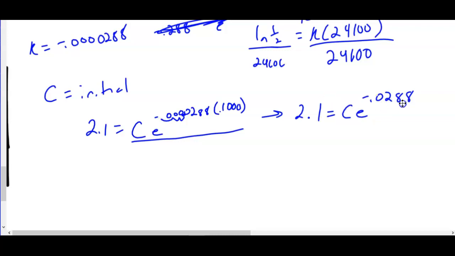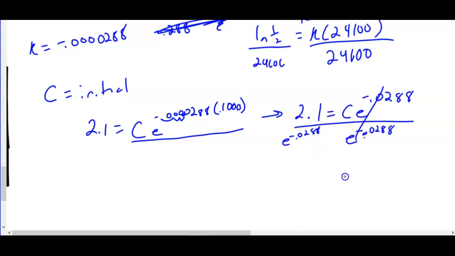So 2.1 equals C e^(-0.0288). Now I'm going to divide both sides by e to the negative 0.0288, on both sides.